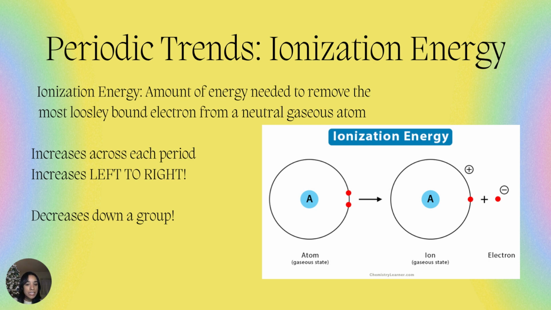So our first trend is ionization energy, which is the amount of energy needed to remove the most loosely bound electron from a neutral gaseous atom. We'll talk about this in later units, but mainly all you need to know is that it increases across each period from left to right, and it decreases down a group.